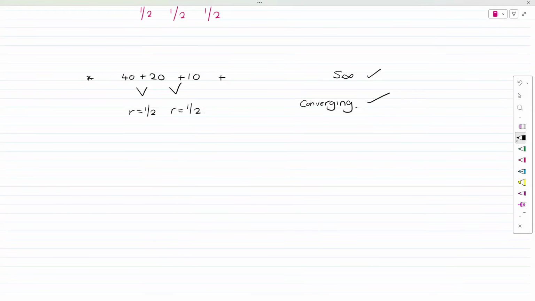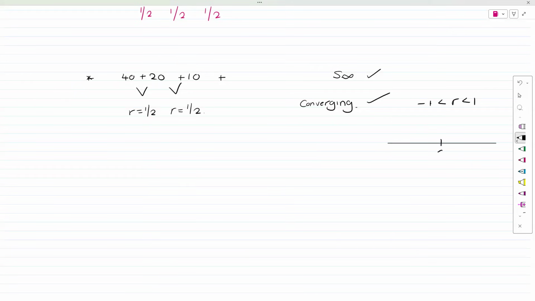But how do I know it's converging? It's when r is less than 1, okay? But greater than -1, right? So this is how I know it's converging, because r has to be a fraction, guys. Let me just put down 0.